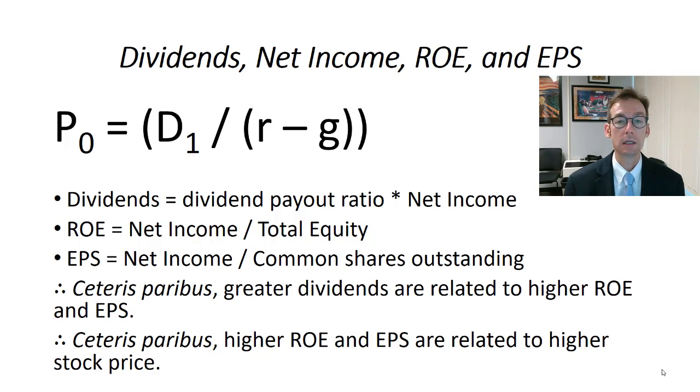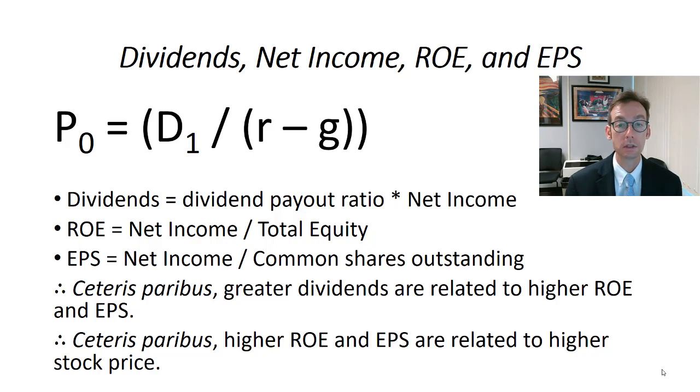ROE is net income divided by total equity. EPS is net income divided by the common shares outstanding.